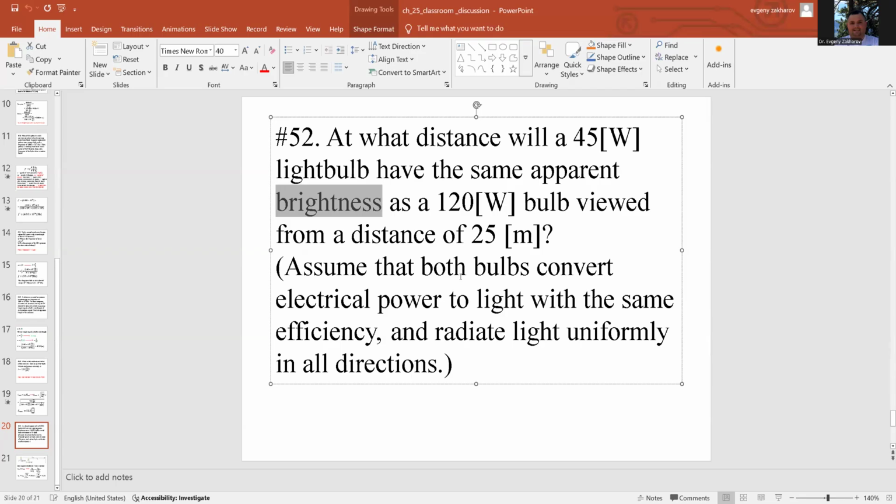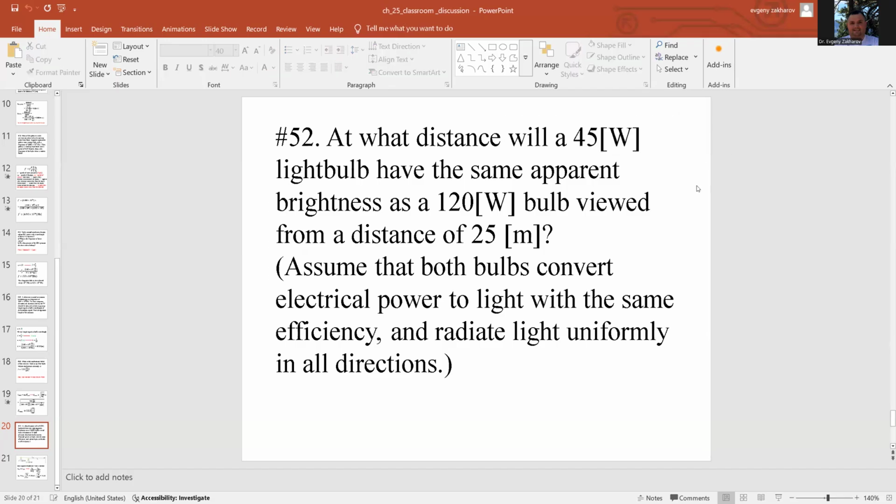But the power output for the light bulb, the amount of energy that it emits per second, is the same. Like it says 45 watts, that means that light bulb produces 45 joules of energy in 1 second. So every second it emits 45 joules of energy. And it doesn't matter if you're close to it or further away from it, the luminosity, the power output, is the same.